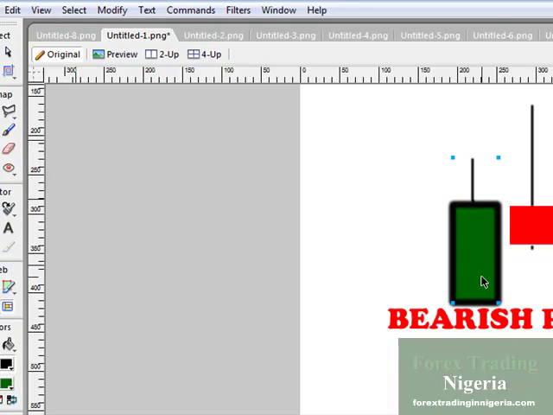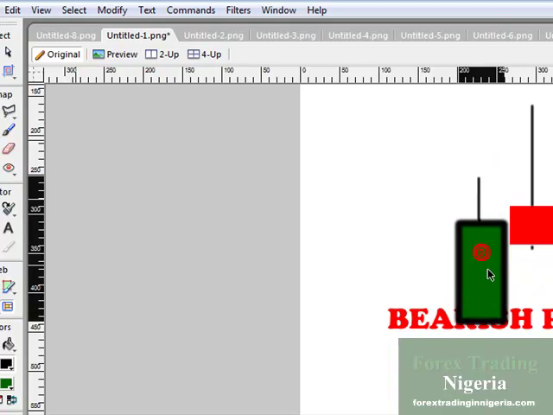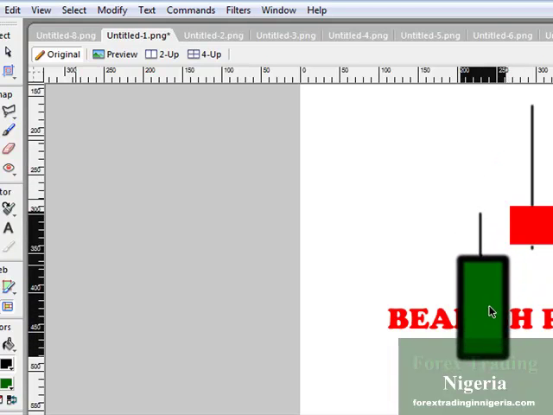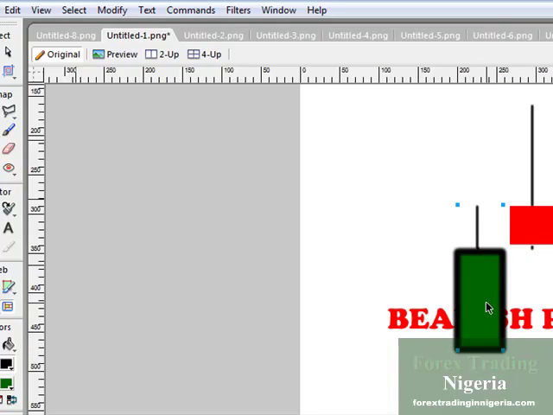Okay. What I mean is, if it's like this, yes, it's still valid, because it's still within the wick of the previous bar.